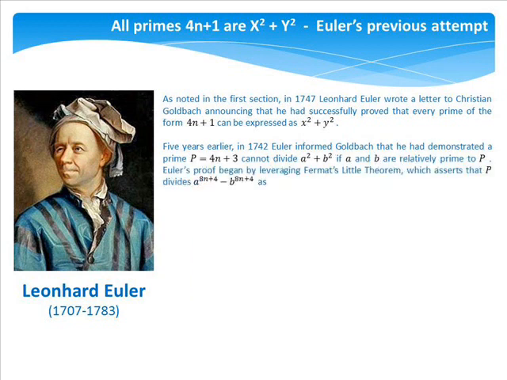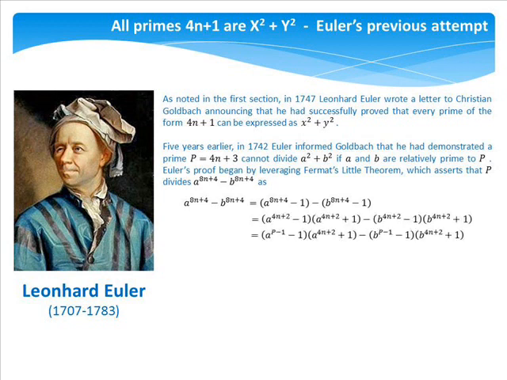Euler's proof begins by leveraging Fermat's theorem, showing that p divides a raised to 8 times n plus 4 minus b raised to 8 times n plus 4. As when adding and subtracting 1, we can factor these brackets, revealing a raised to p minus 1 minus 1 in the first term, and b raised to p minus 1 minus 1 in the second term.